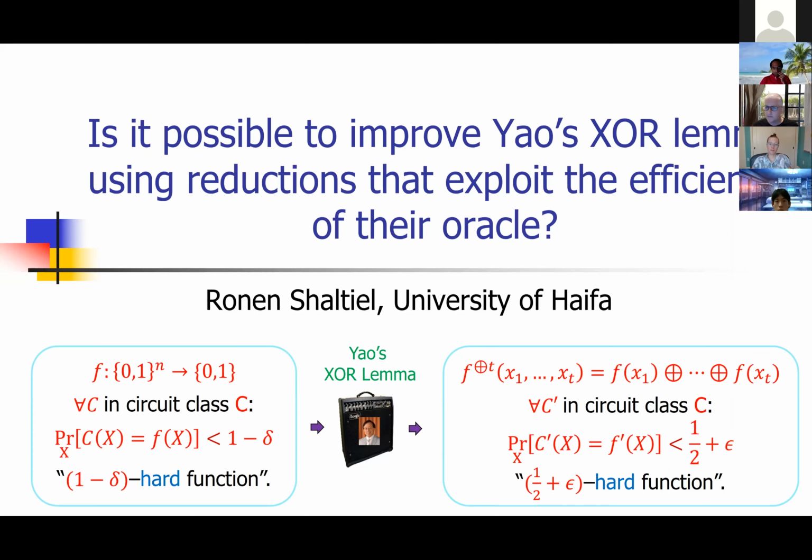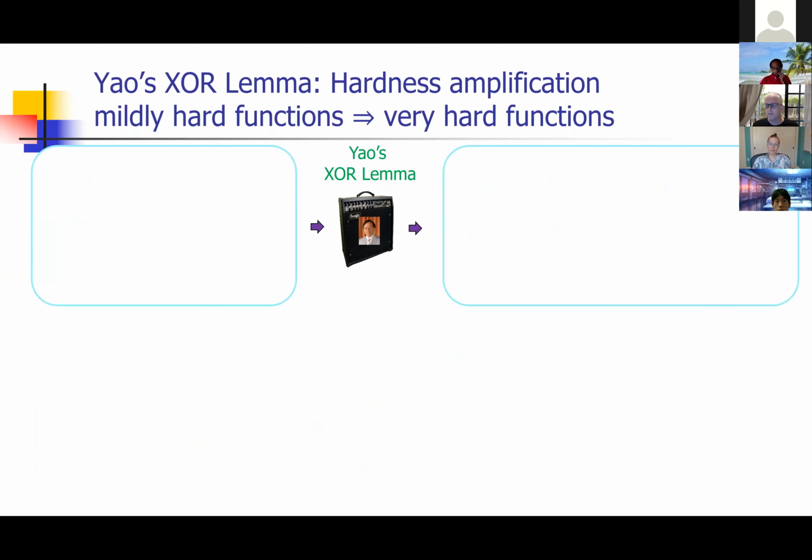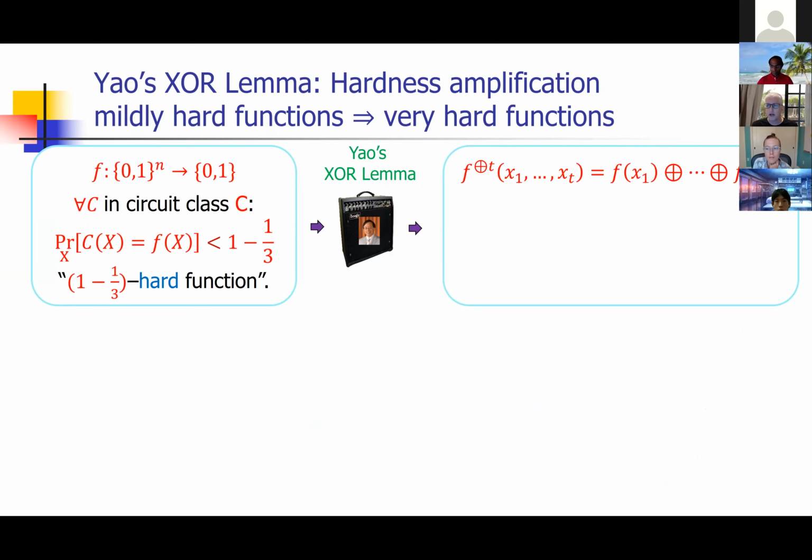What Yau's XOR lemma says is that if you consider the function f XOR t, which receives t inputs, x1 up to xt, evaluates f on each one of the inputs and XORs the output, then for sufficiently large t, for every circuit C prime in the circuit class, the probability that C prime computes f XOR t correctly on a random input is less than half plus epsilon.